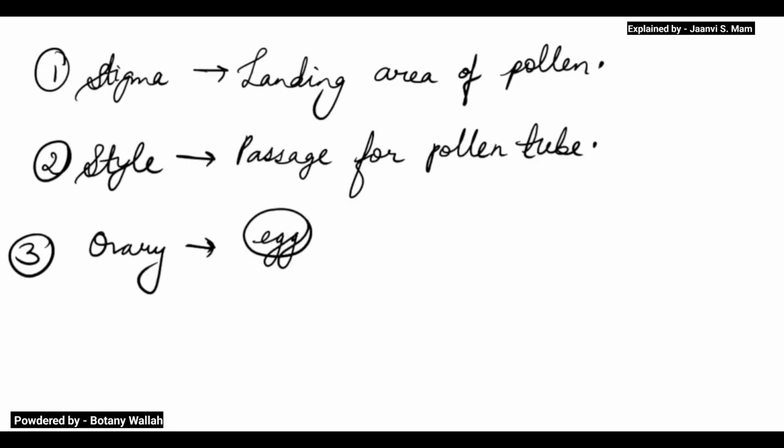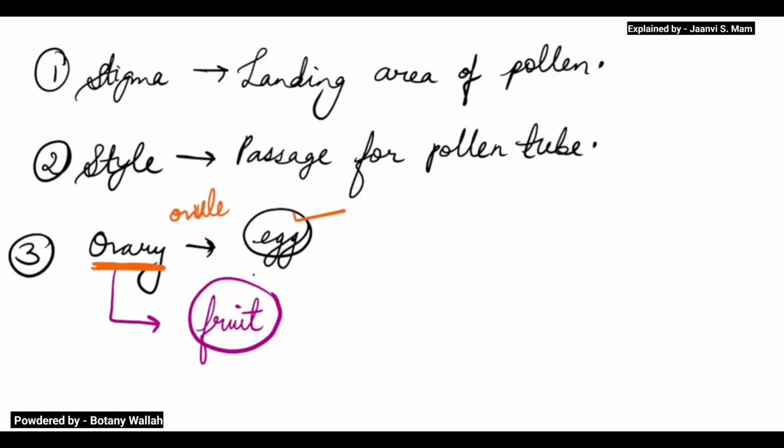So let's speak about it. I spoke about this, right? Now what is the role of ovary? It has the egg, fine, it has ovules, this is also okay, but ultimately, ovary converts into fruit. In post fertilization, we will study that the ovary converts itself into a fruit.